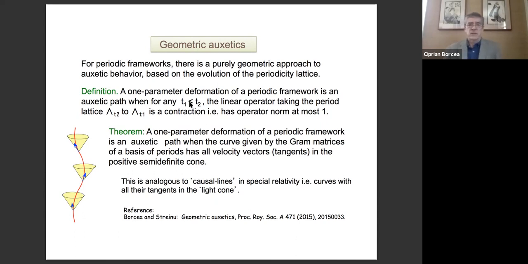It's obviously the same mutatis mutandis in arbitrary dimension.